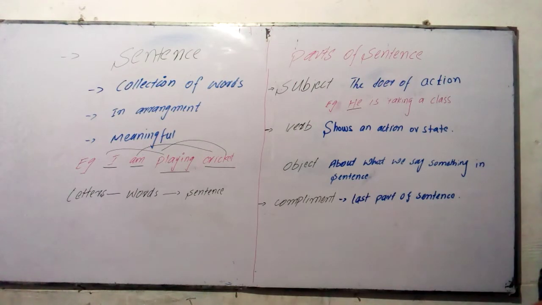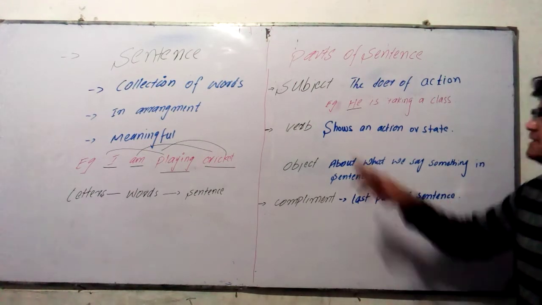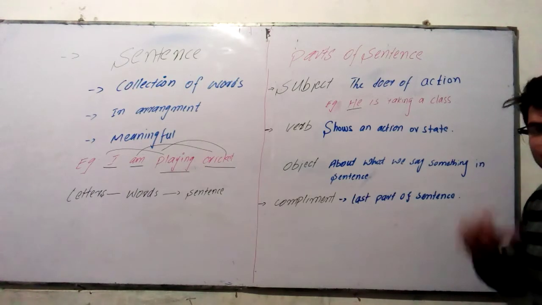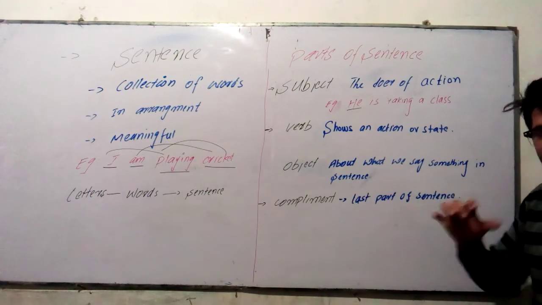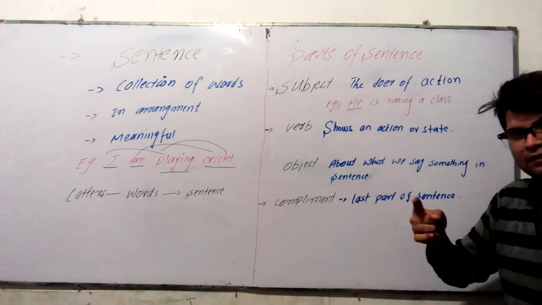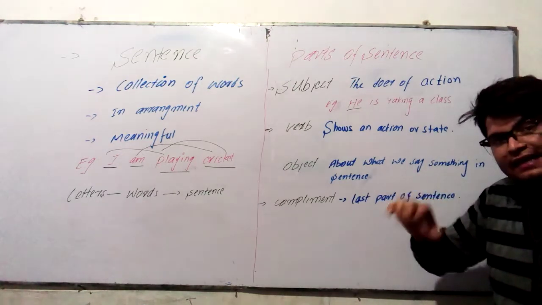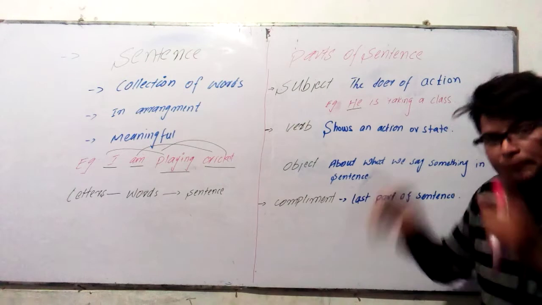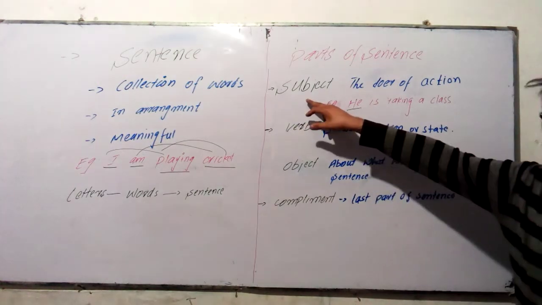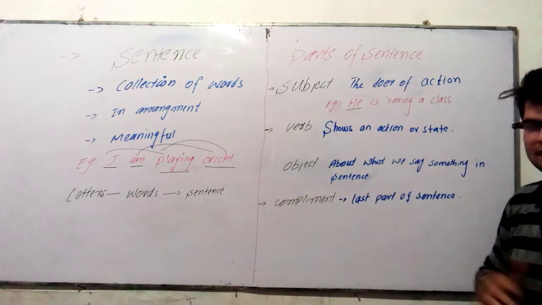Subject can be defined as the doer of an action. The doer of an action means the person who is doing something, or the action is done by someone. So the one who does an action can be a subject.